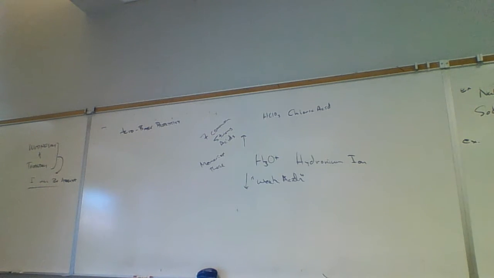Worry about what's below HF? HNO2, which is called nitrous acid. This is nitrite. Actually, you can see the anion to the right of it.